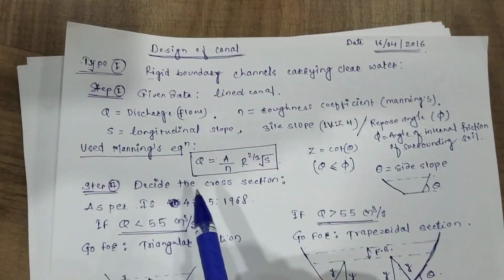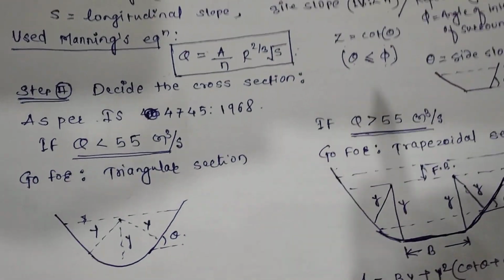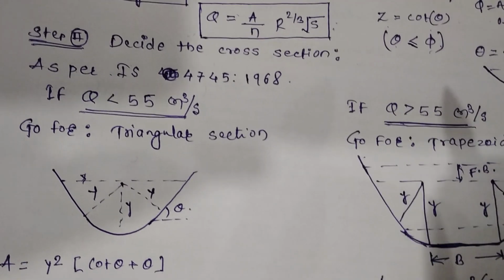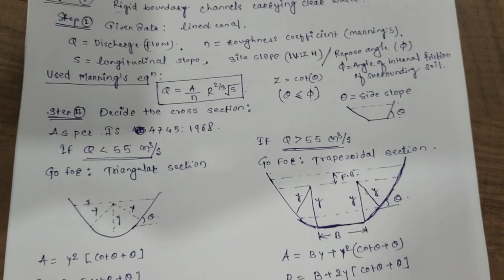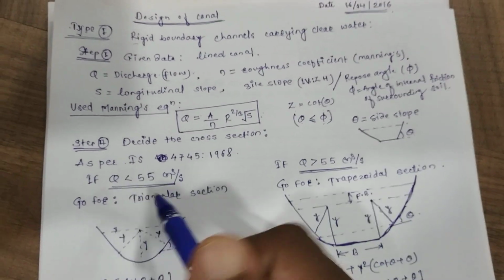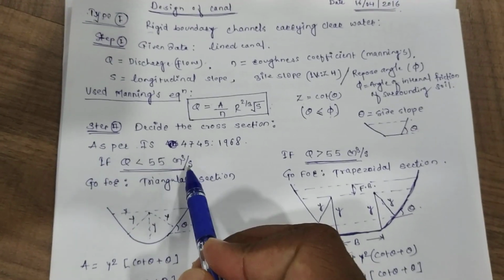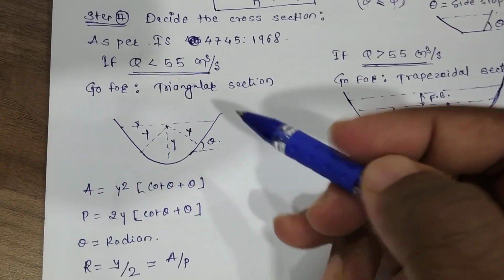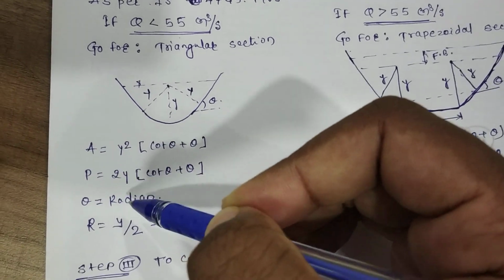Coming to step number two, how to decide the cross section: whether it is a triangular section or a trapezoidal section. IS 4745 1968 gives the criteria for deciding the cross section. If our discharge is less than 55 cubic meters per second, then we go for the triangular section. These are the formulas based on which we calculate the area and perimeter.